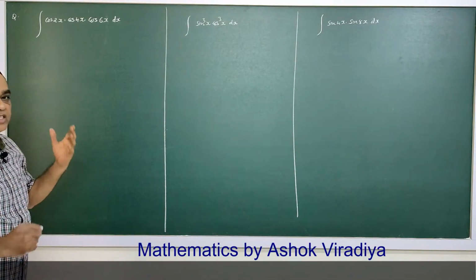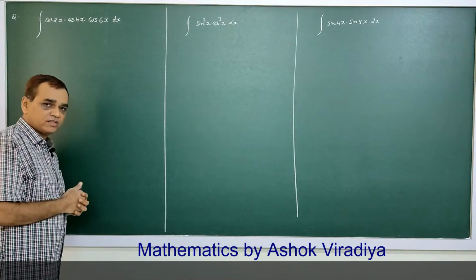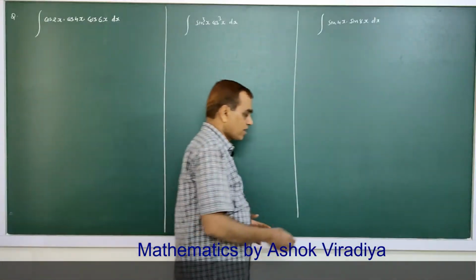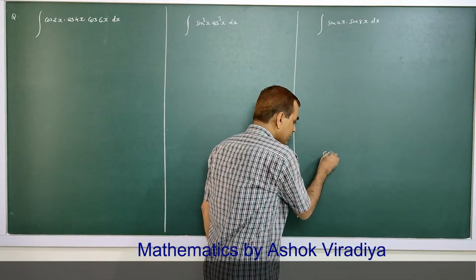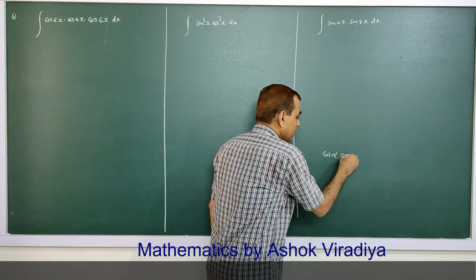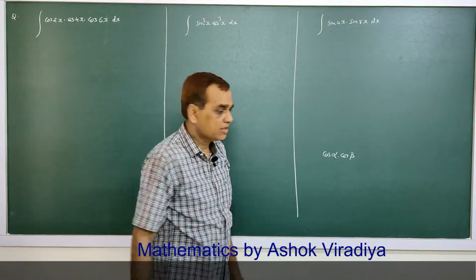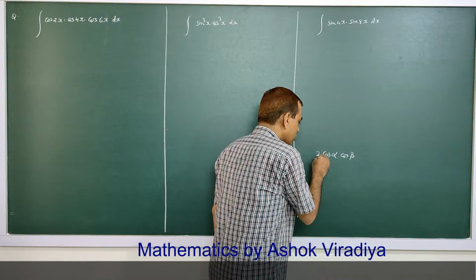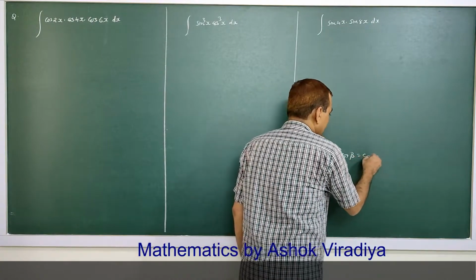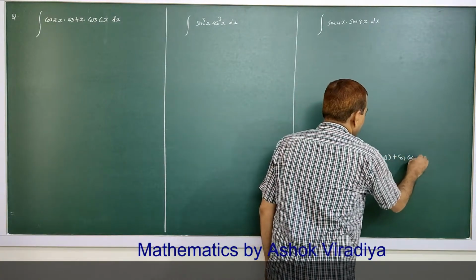But the product is given, so we have to break this product. And to break the product, we already have results in trigonometry. Here, because it is a product of cos and cos, we have the result 2 times cos alpha cos beta is cos alpha plus beta plus cos alpha minus beta.